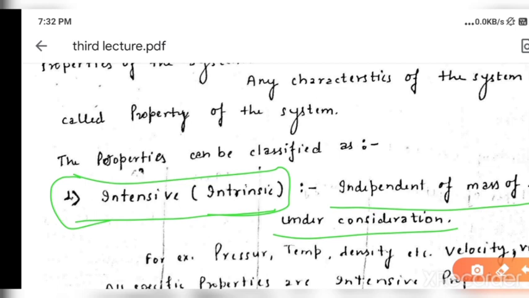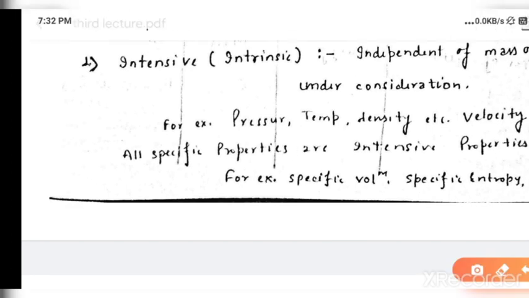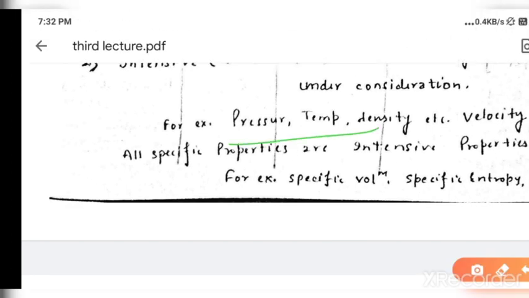Anything that is independent of mass, in the sense there is pressure, temperature, density, etc. Also included are velocity, viscosity, all specific properties; these are called intrinsic properties.